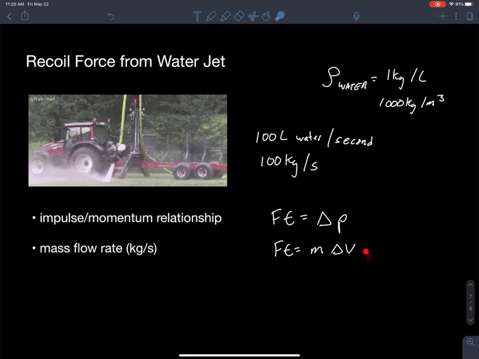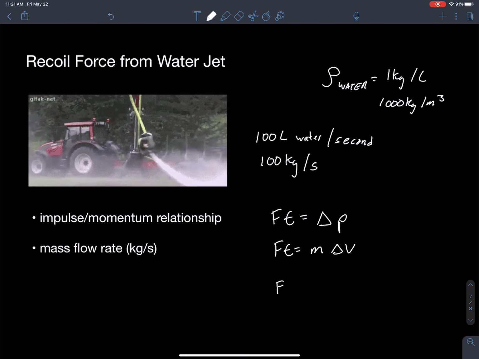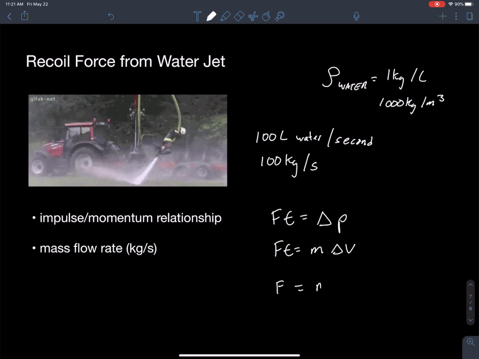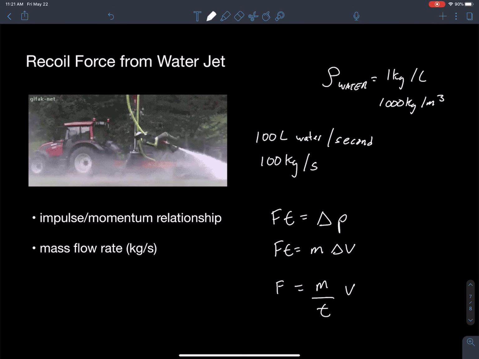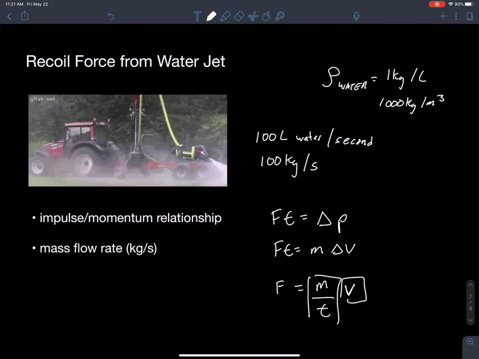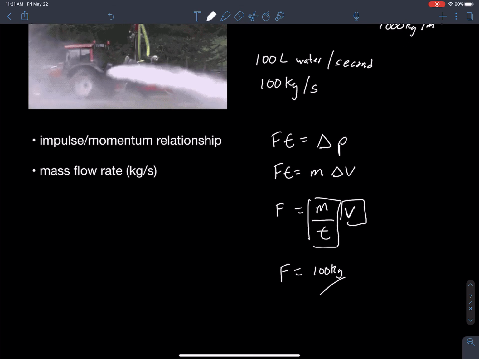So if I take a look at this impulse momentum relationship and rearrange it, F is equal to m over t times v. We have the velocity of water coming out and the mass flow rate, which we calculated as 100 kilograms per second.